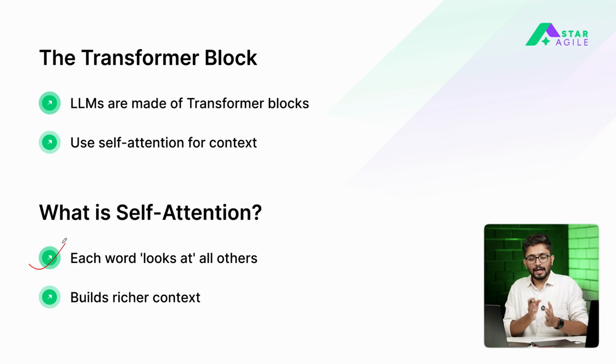So if you say, I love eating pizza on a weekend, and you want a transformer to generate this sentence for you, then each and every time at the training phase, it will first try to understand for each word which other words in the context are giving it the most relevance. And this particular attention mechanism is the key working principle of all the transformer blocks. It helps these transformers to build rich context.